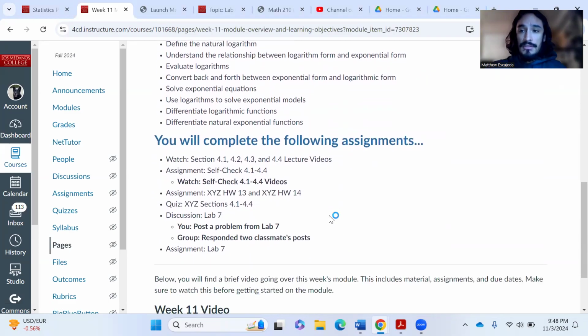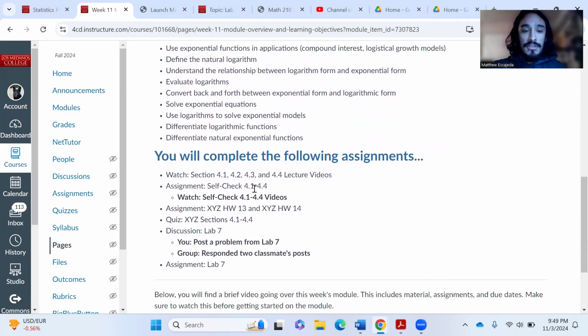But in essence of this module, here's all the assignments and tasks that are going to be due. So here's the videos you should watch: sections 4.1, 4.2, 4.3, 4.4. So 4 sections. There is a self-check assignment for all 4 of those sections. If you need help with those, watch the self-check videos. And we will have 2 XYZ assignments.